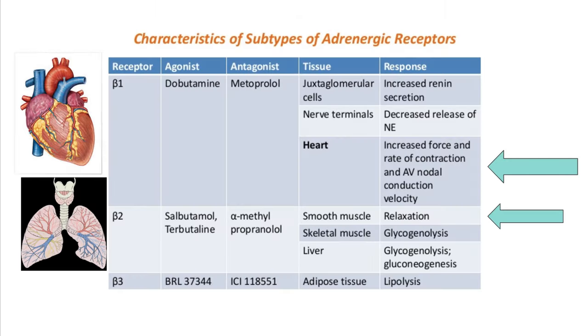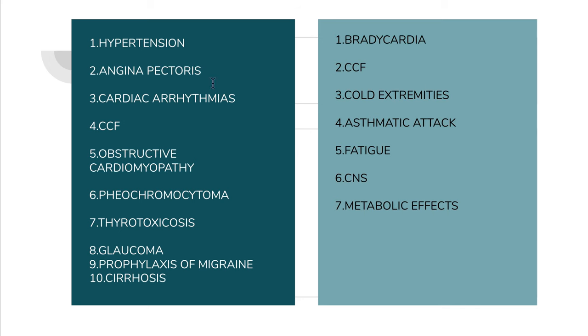So coming to this, this is what we had studied, the stimulation of the beta receptors. So beta 1 had excitatory effect on the heart, and beta 2 had relaxatory effect on smooth muscles. It also caused glycogenolysis, so increase in blood sugar. So the blockade of these three receptors has the following effects.